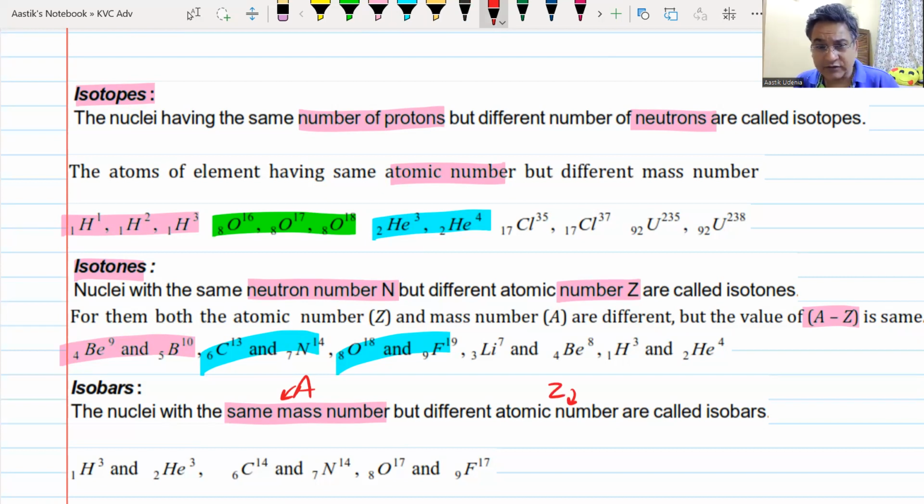That is how I remember it. Isobar, same number of protons. Isotone, same number of neutrons. Isobars, same mass number. Proton, neutron, mass number. Do we understand this? Yes, sir. I'll give you 2 minutes to note this down.